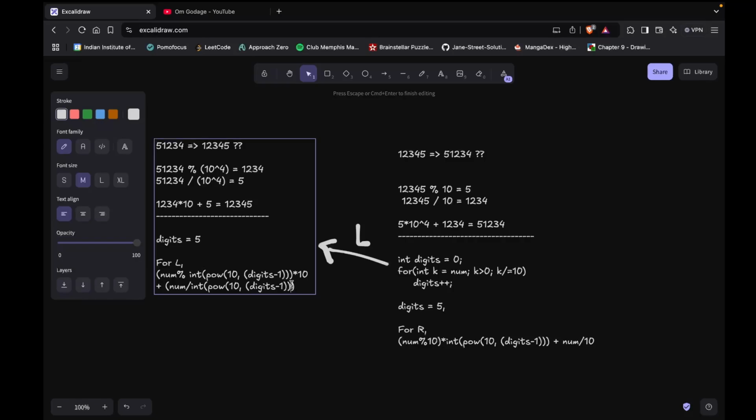This closes this, this closes this. Yep. So that is the formula for the calculation of L.